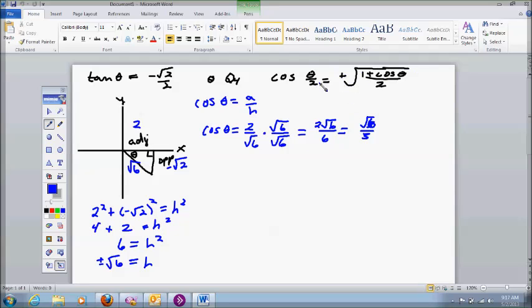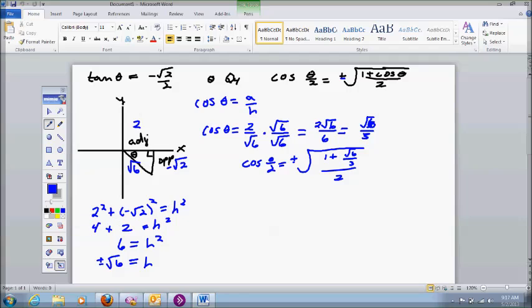Now I can plug it into my little identity up here, just plus or minus. So cosine theta halves is equal to plus or minus the square root of 1 plus cosine theta, which is root 6 over 3, all over 2. And then simplify this fraction in here.